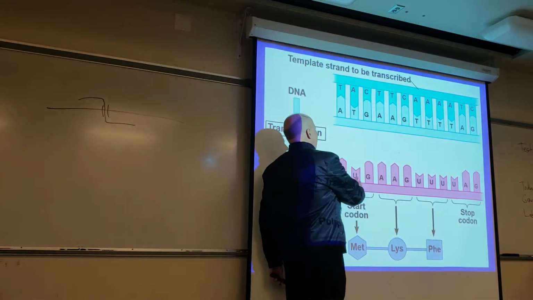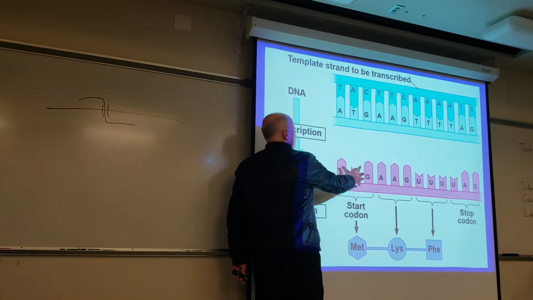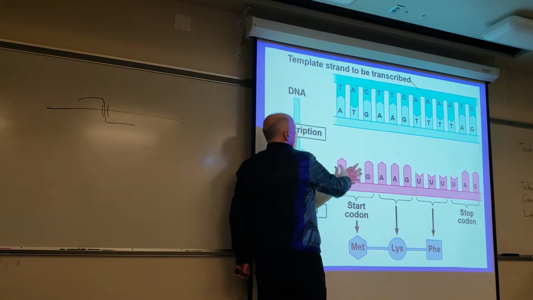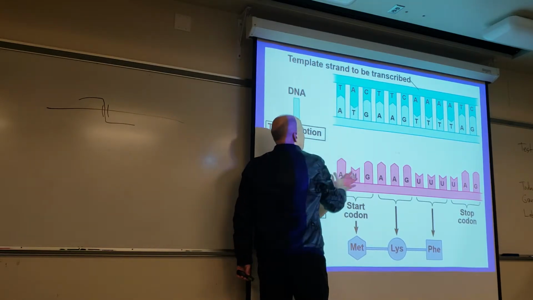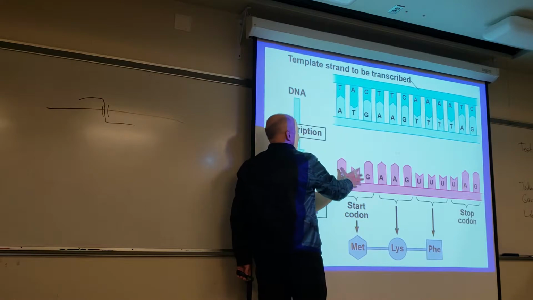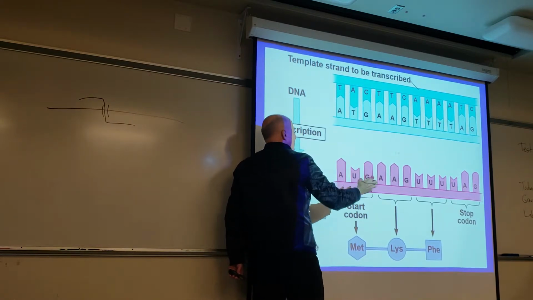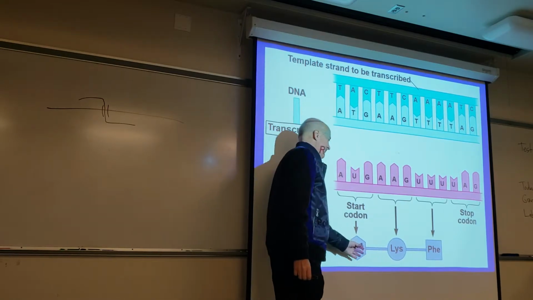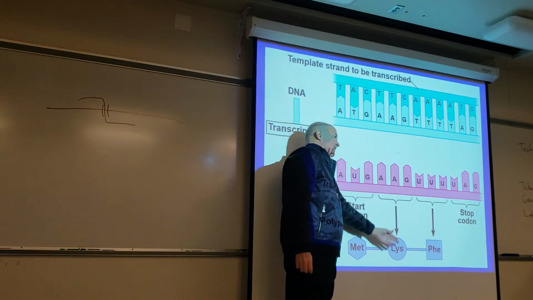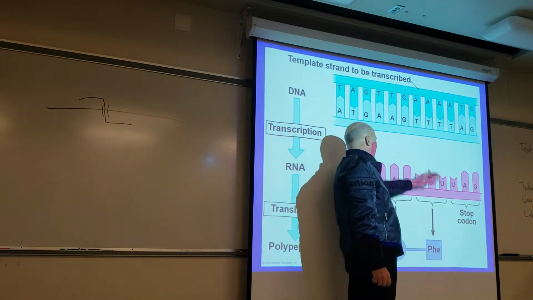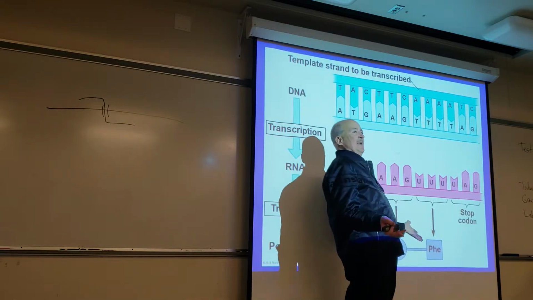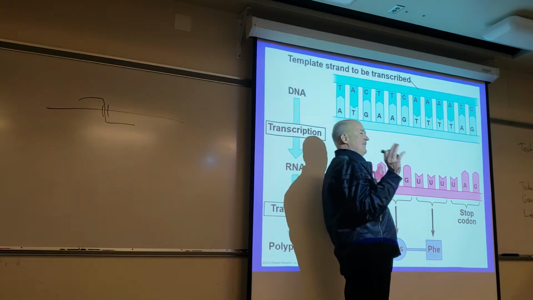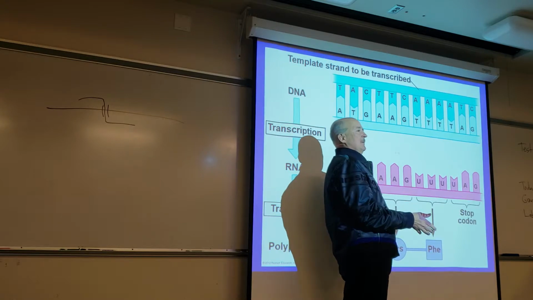And what we have is that 3 of these letters in a gene, starting up there with the gene, now in the messenger RNA transcript, 3 of the letters provide enough information to say which amino acid goes in, and then 3 more tell you what the next one is, 3 more tell you the next one, and then you have to tell the ribosome that it's done making the protein.